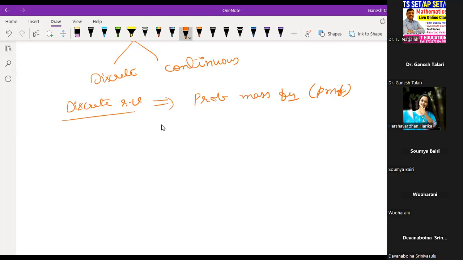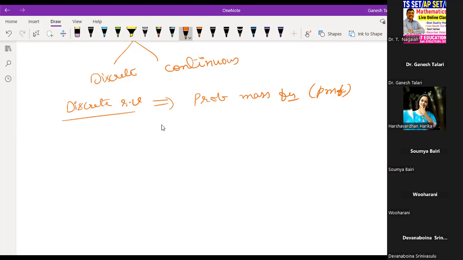Because it is discrete, you are adding all together. You are adding all together, so it is a mass. Otherwise, it is density. If it is a continuous case, you get a density. Because of the discrete case, you are making it a mass. That's why you write it as a mass function.